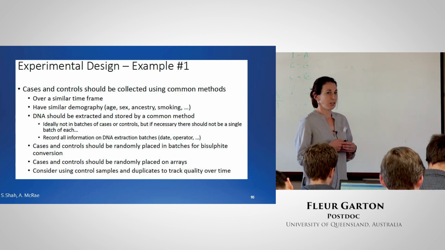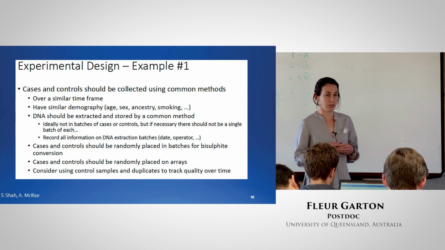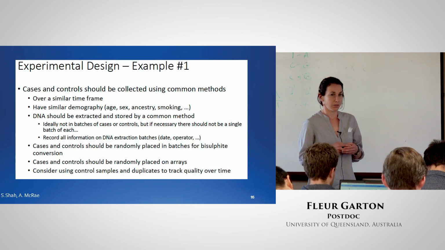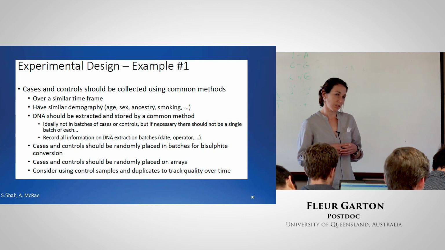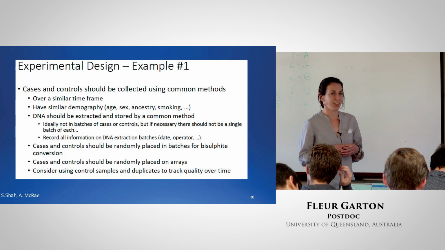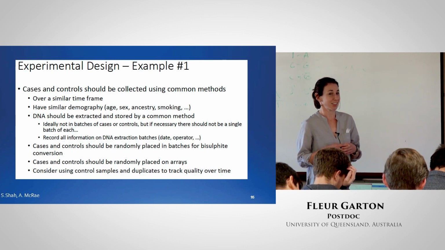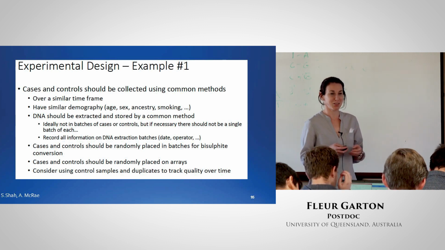So methylation can vary across different tissues and across different cell types. Within a cell type, is methylation of DNA relatively constant? I'd say yes, relative to other cell types.